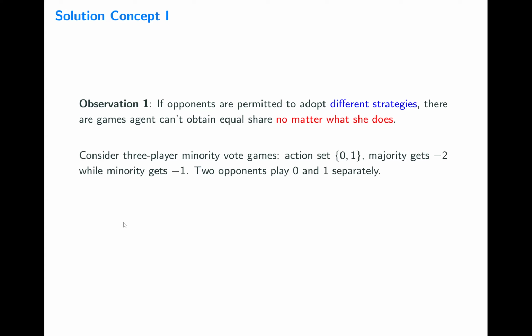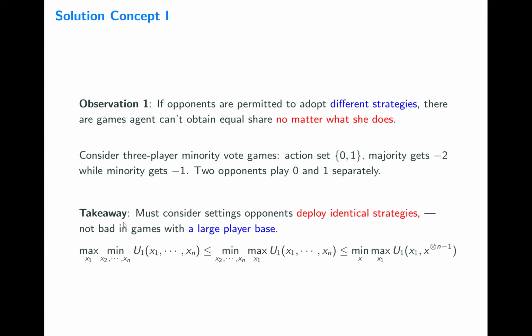There are examples. Essentially, you can imagine a 3-player minority game. In this case, the reward is slightly different: the majority gets -1, and the minority gets +2. So this is completely different.